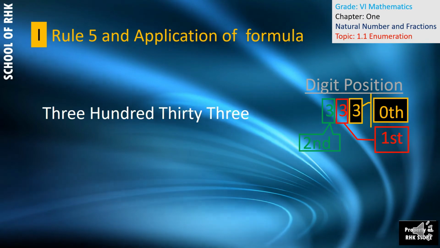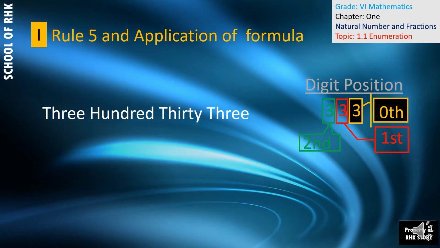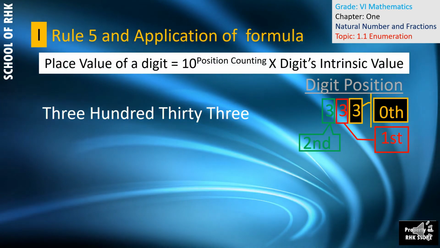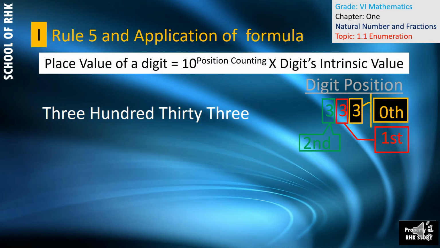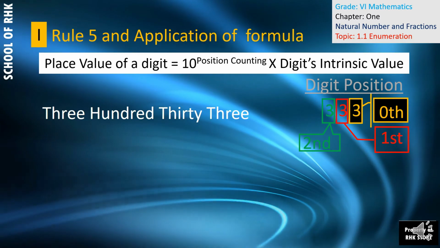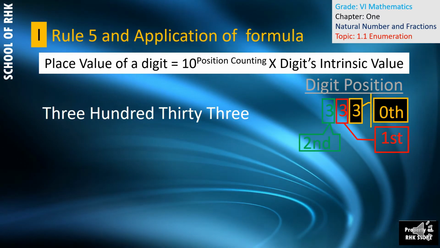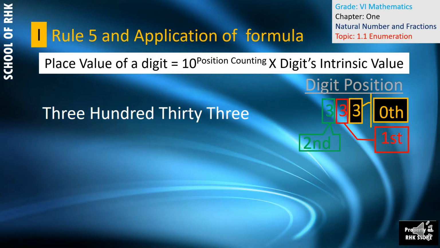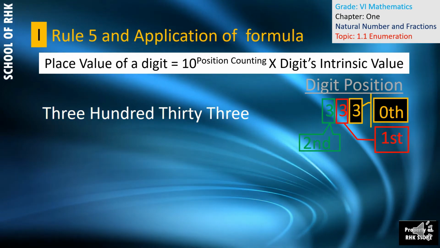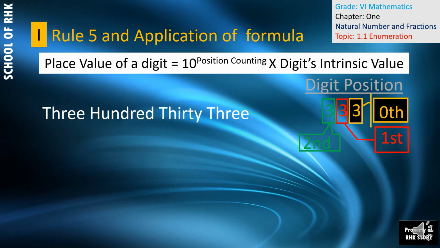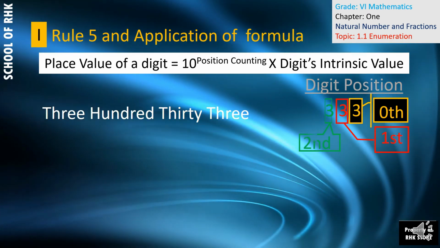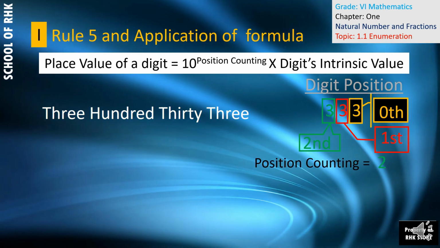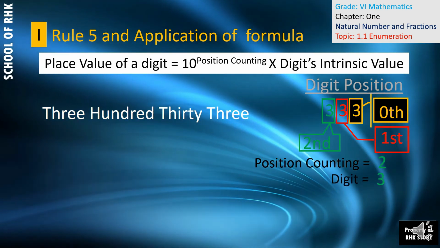Let us apply the formula we have learned. In the formula we have learned that the value of a digit in any position in a number is equal to 10 to the power of position counting multiplied by the digit's intrinsic value. As the position changed from 0 to second, or 2 here, the position counting is 2 and the digit is 3.